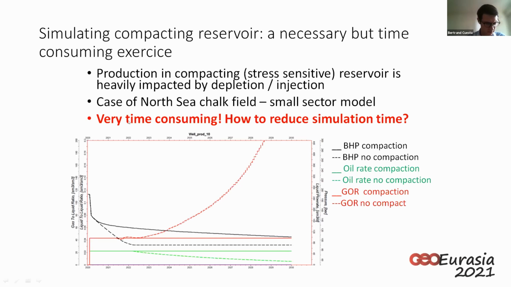However, and that's what is written here in red, it is really a very time-consuming process. If you want to evaluate one or two scenarios, it's clearly possible, it's manageable. Now, if you have to do a full uncertainty analysis or to evaluate numerous scenarios because you want to find the best optimization of your well, it's almost impossible unless you have a significant computational capacity and a lot of time, which is not always the case.